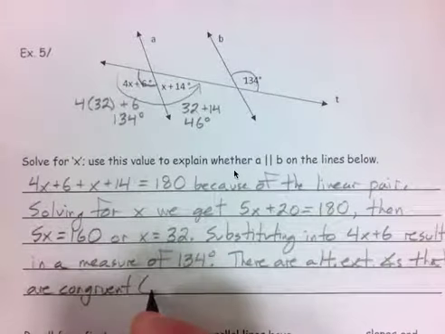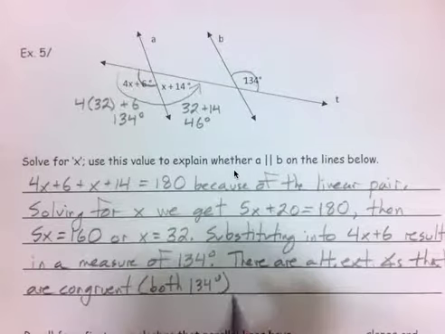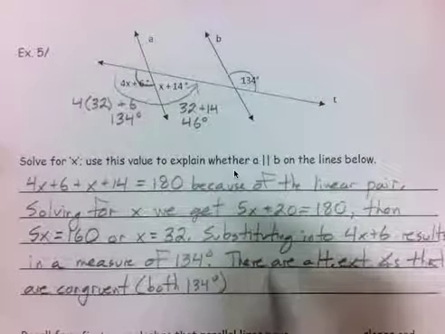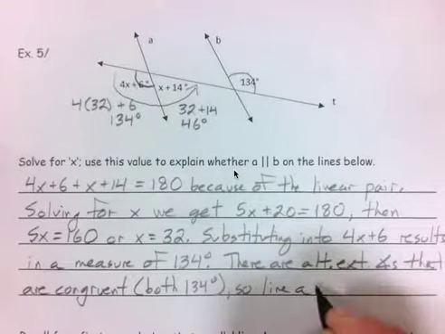They're both 134. So what that means is A must be parallel to B. So line A is parallel to B.